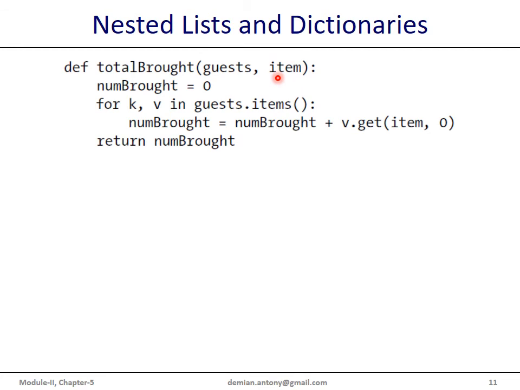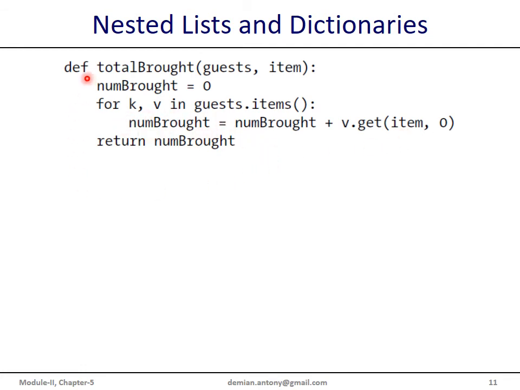Let us say how many apples are available now, which are brought by different guests. We initialize it to 0, and for all these items within the guest dictionary, we just take the value if it is an apple or a burger or a sandwich, whatever, and we return the count.